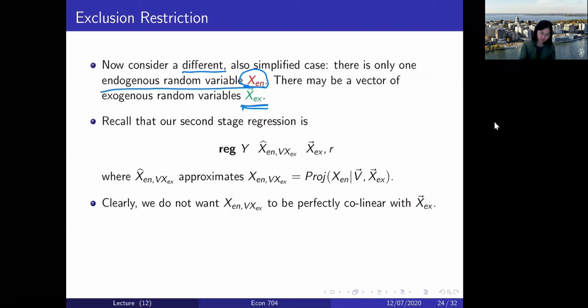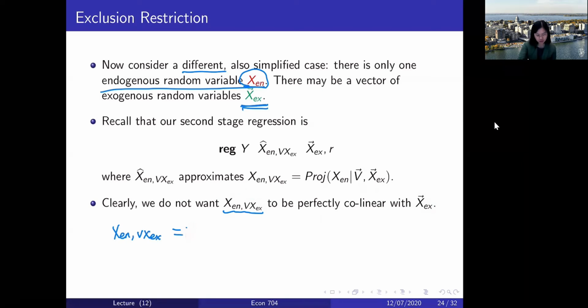This projection, by definition, is a linear function of V and XEX.